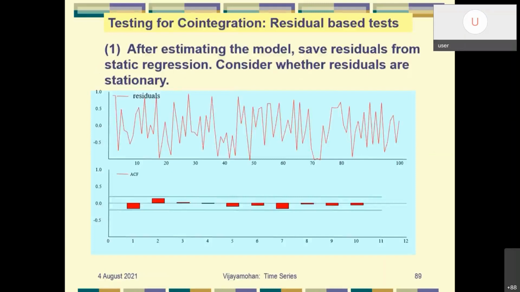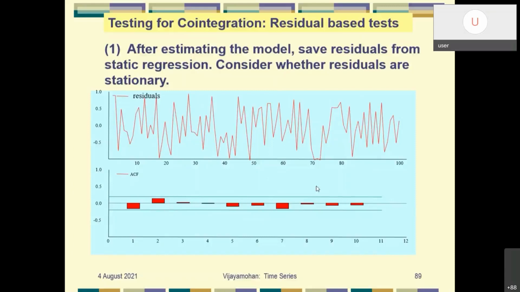So for the residual based test, what we have to do is this. After estimating the model, we save the residuals from the static regression. That is, we use the level variables yt and xt, get the residuals, and consider whether the residuals are stationary. So we can have the classical method of plotting the residuals and getting the ACF, the correlogram.